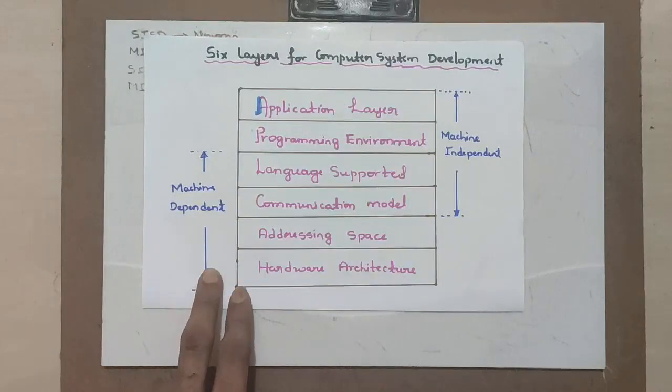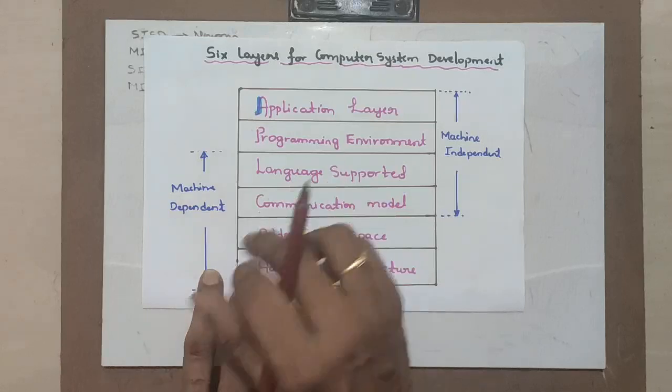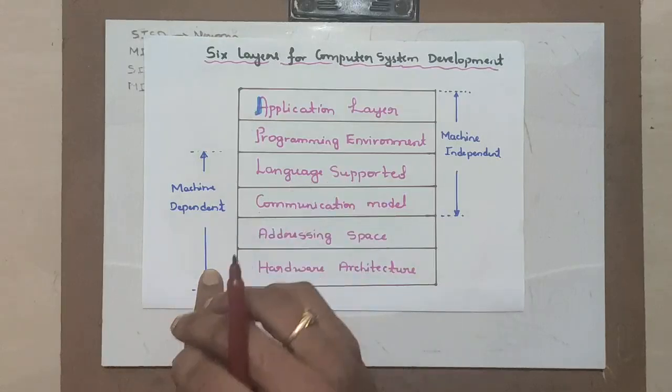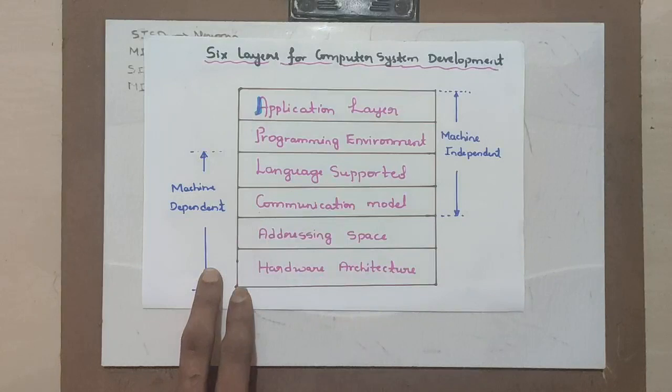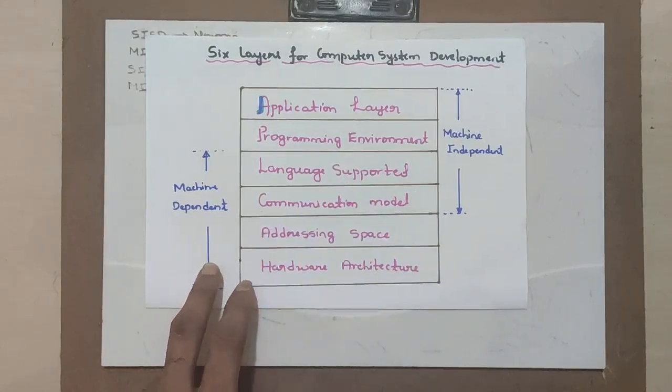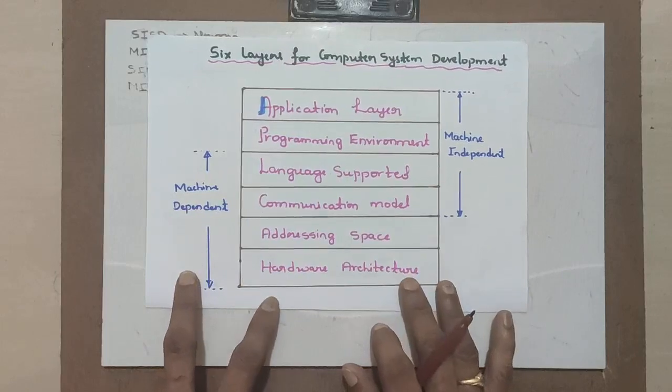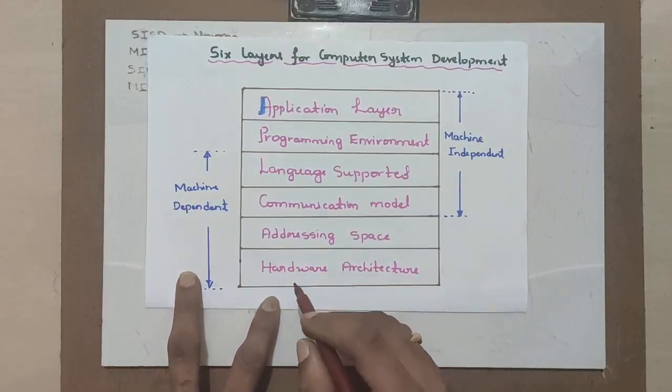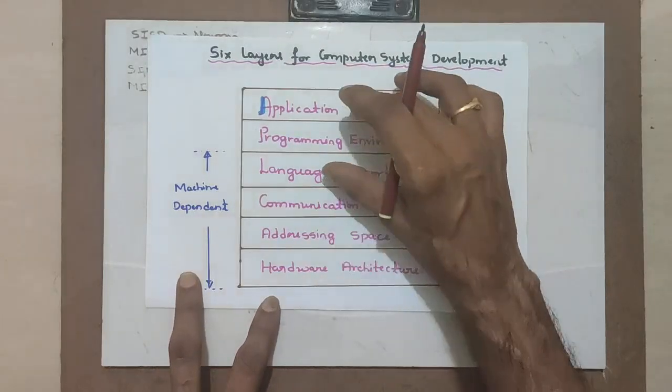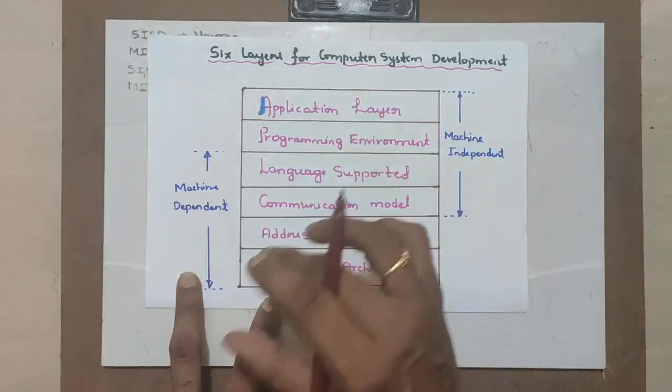But actually the application which you develop depends upon the programming environment. With what programming environment you develop this application, that is the next layer. And what kind of languages the system supports will be the third layer. And the fourth is communication model or communication layer, which tries to relate the top with the below.